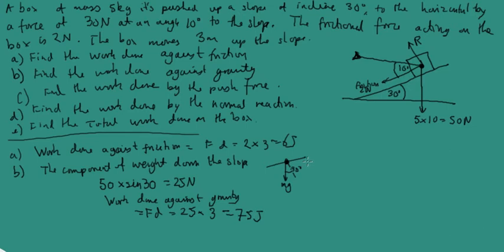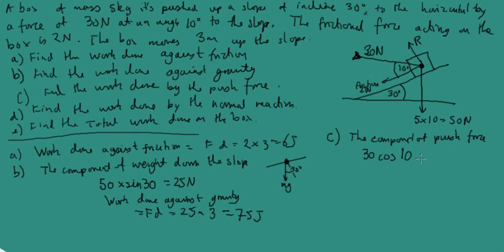Now part C, the component of the push force is going to be 30 cosine 10, because we've got 30 newtons of push force, and it's the component of the push force in the direction of motion.